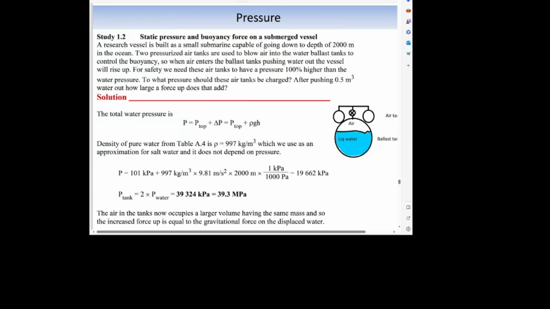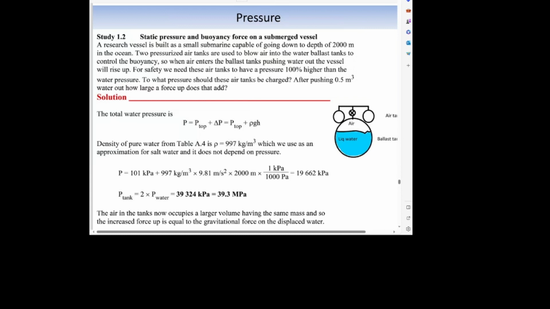Now, the first part of the question is how much air pressure do you charge the tanks at? The idea is that it needs to be 100% higher than the water pressure. Okay. The second part is, after pushing 0.5 cubic meters of water out, how large a buoyancy force does this create to push the submarine back toward the surface?